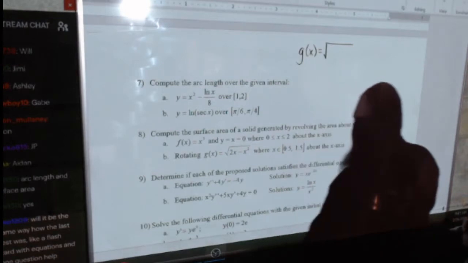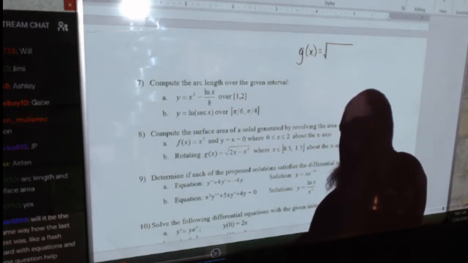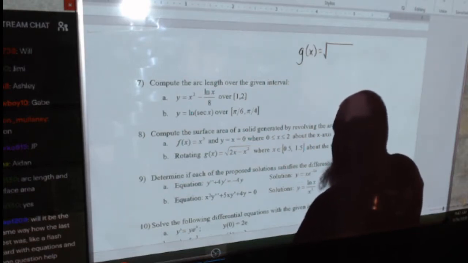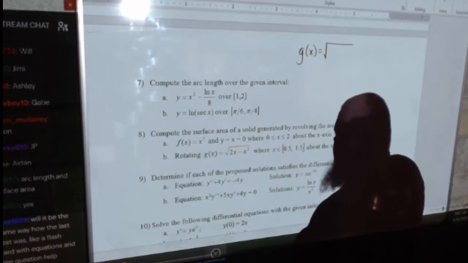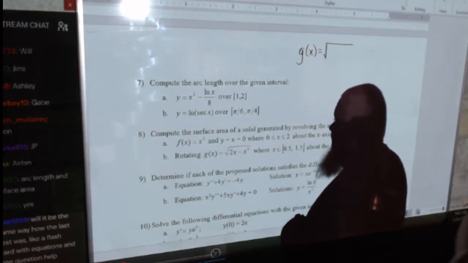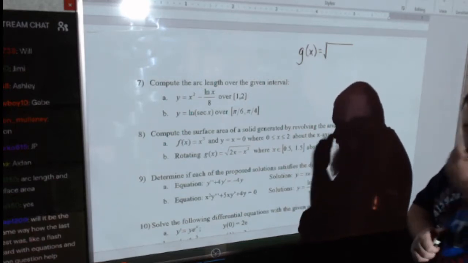Will it be the same way how the last test was, like a flashcard with equations? So you can still have your note card. What I'm going to do next class during class time, from 9:30 until 11:30 or so, is put the test up on Blackboard, and you guys can work the test during that time.